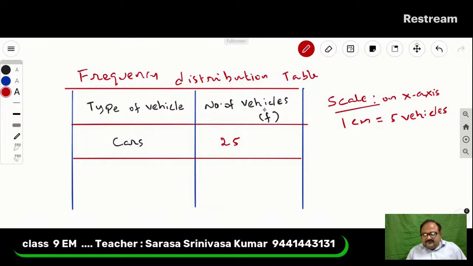The second option is bikes. How many bikes are observed? 45 bikes are observed. So I should write here, this is actually the third column.